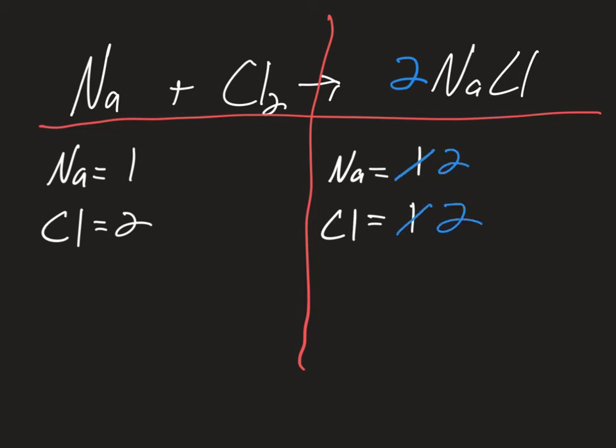Chlorine's now balanced, but sodium's not. Well, I can come over here and I can also add a 2 coefficient in front of sodium, which is going to change that to 2 as well. Now I've balanced it because I have the same number of elements on each side. And that's where we would do that check. 2 sodium on this side, 2 sodium on this side, 2 chlorine on this side, 2 chlorine on this side. And you know that this is a balanced equation.